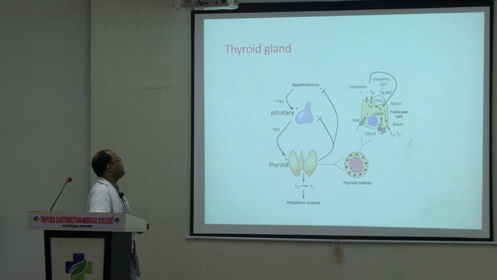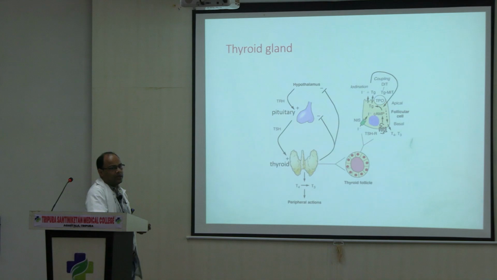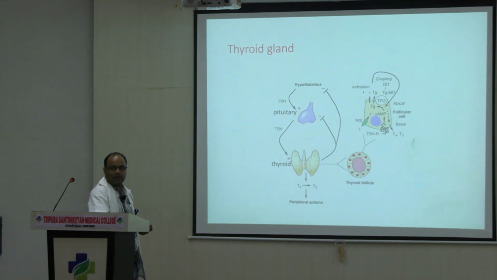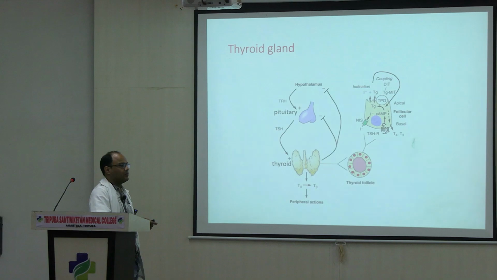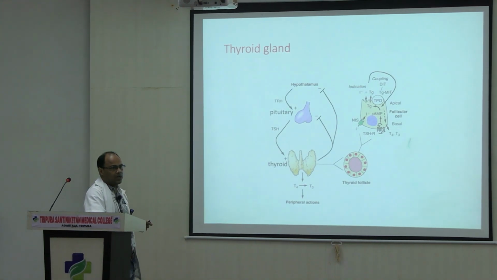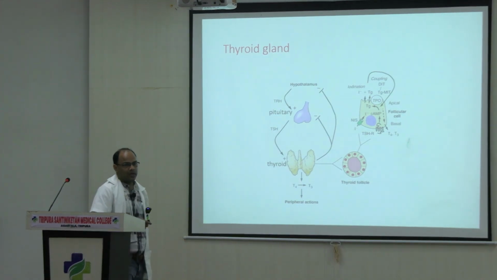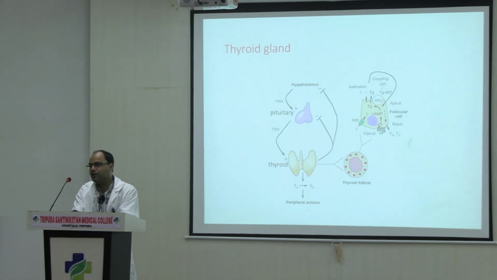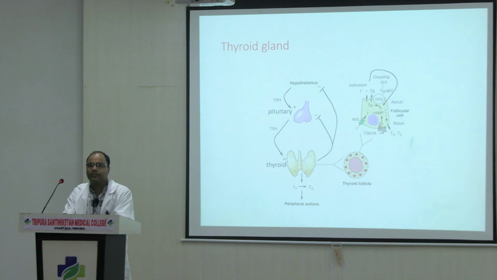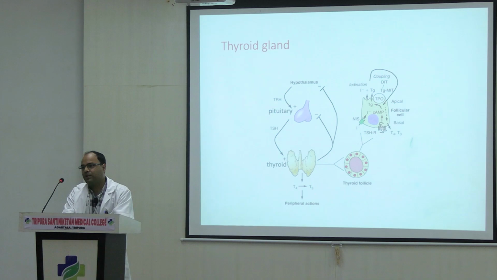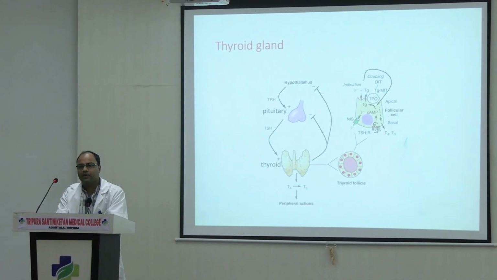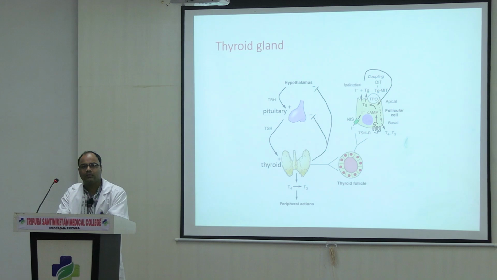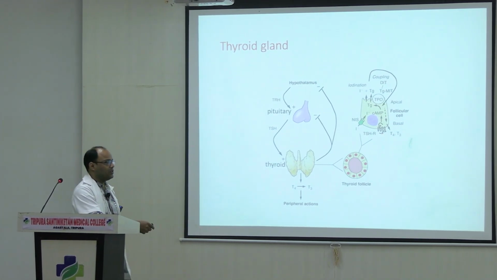It traps iodine, and then the iodine goes for organification with the amino acid tyrosine, producing monoiodothyronine and diiodothyronine. Coupling then occurs between these two molecules, forming T3 and T4, and sometimes reverse T3 and reverse T4. This is normal physiology.